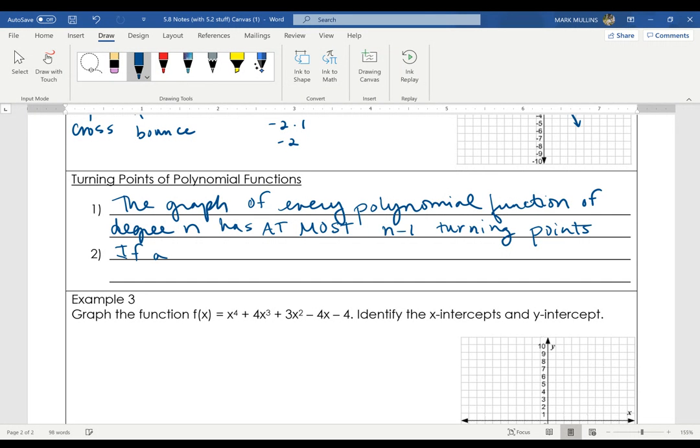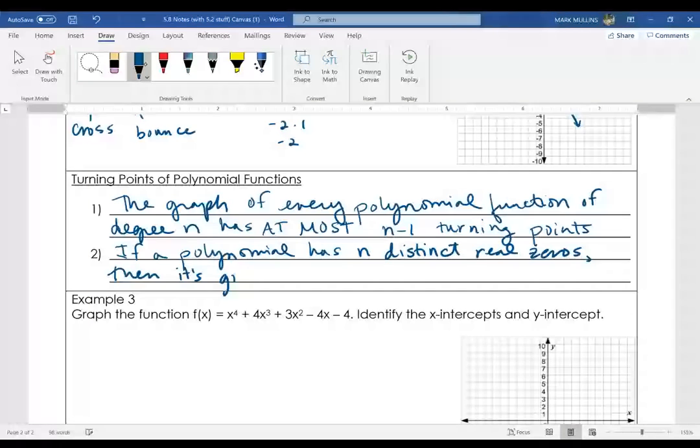If a polynomial has n distinct real roots, so distinct means they're all different numbers, we don't have anything repeated, and they're all real, we don't have any imaginary, then its graph has exactly n minus 1 turning points.